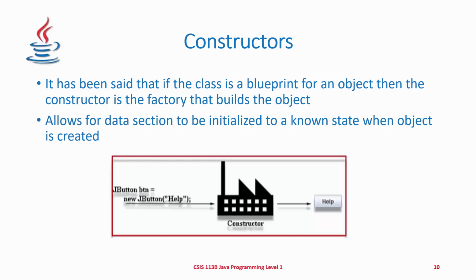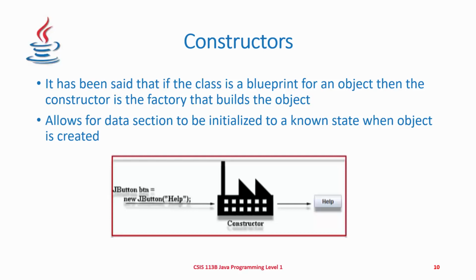That's a very special method that we build into our class that may or may not have data passed to it. It depends on the type of class that we're building and the details inside of that class. But if we do have a data section that needs to be initialized, then generally speaking, we probably will be passing some sort of values into the constructor when we generate the new instance of the class.